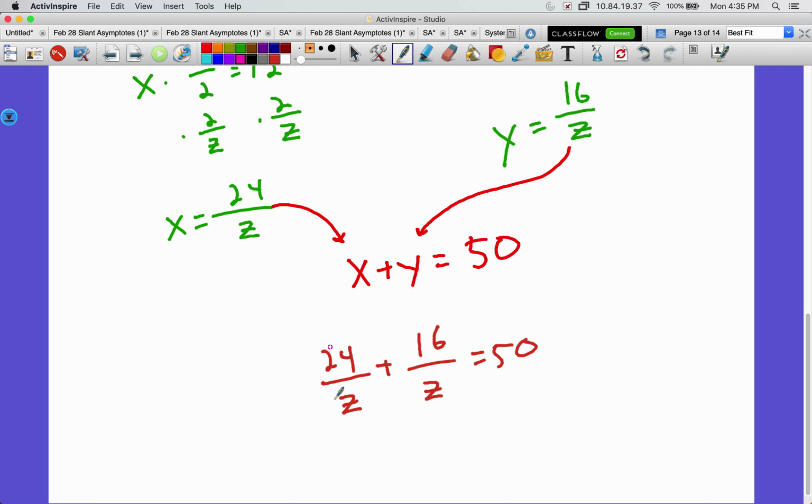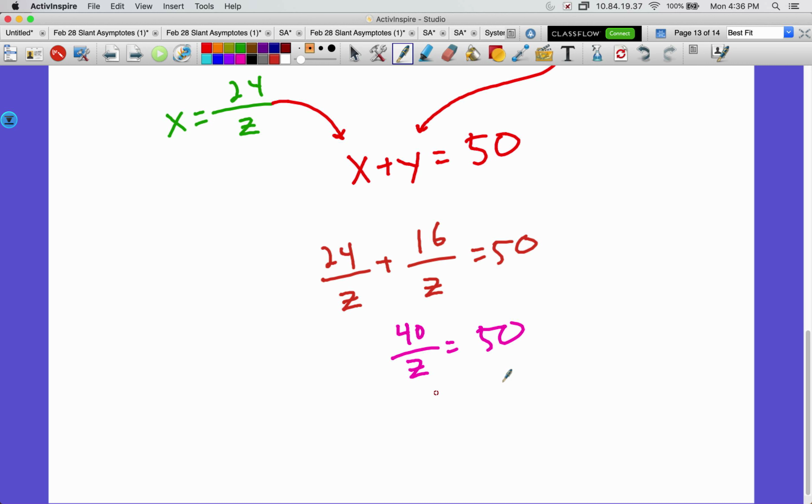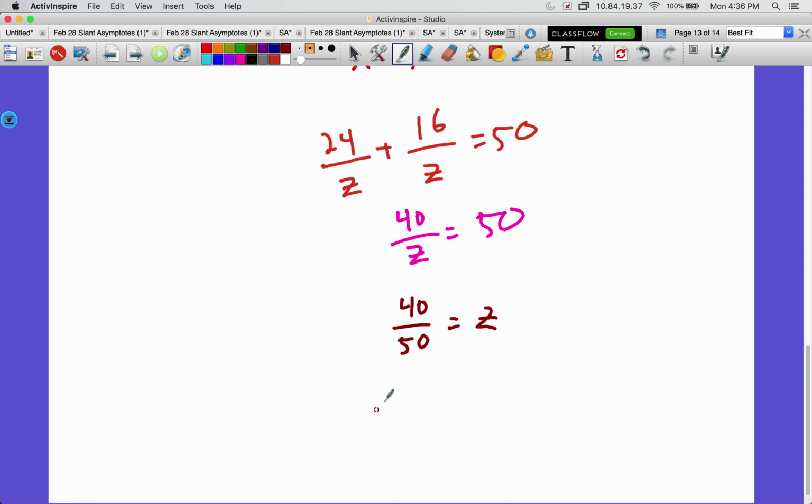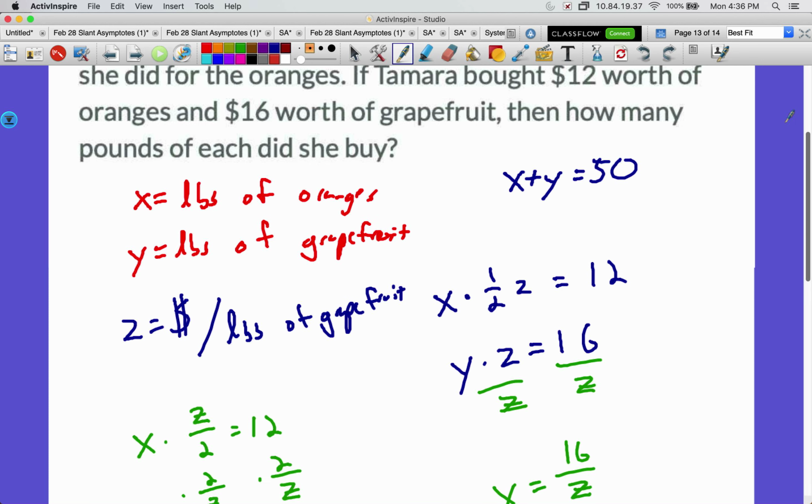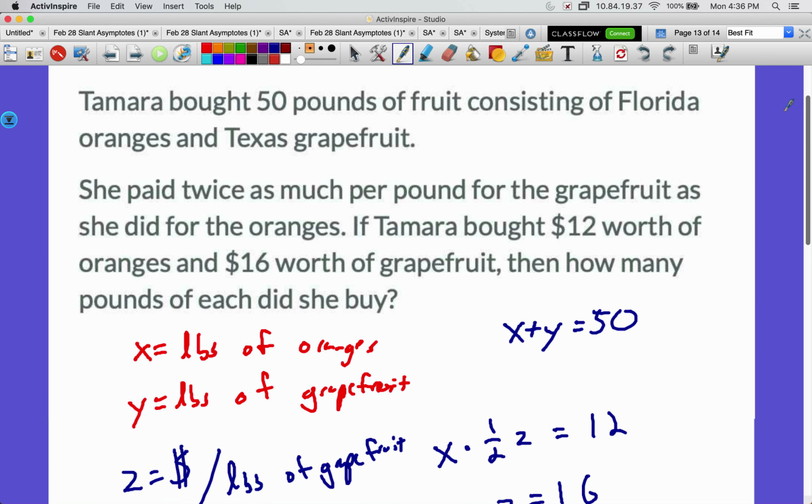I get 40 over Z equals 50. Do a little rearrangement on this. Bring the Z over, bring the 50 under. So 40 over 50 equals Z, or 0.8 equals Z. So I know the grapefruit were 80 cents per pound.